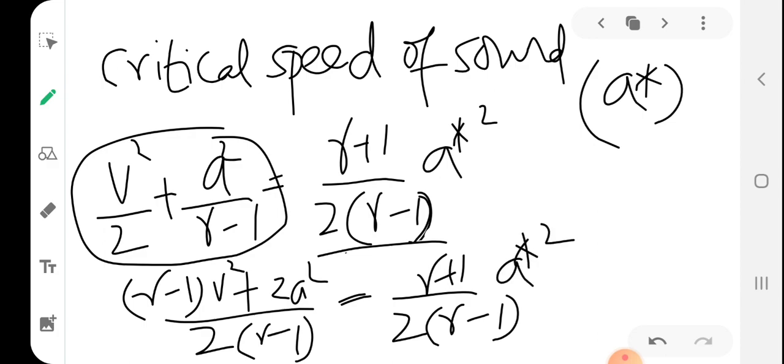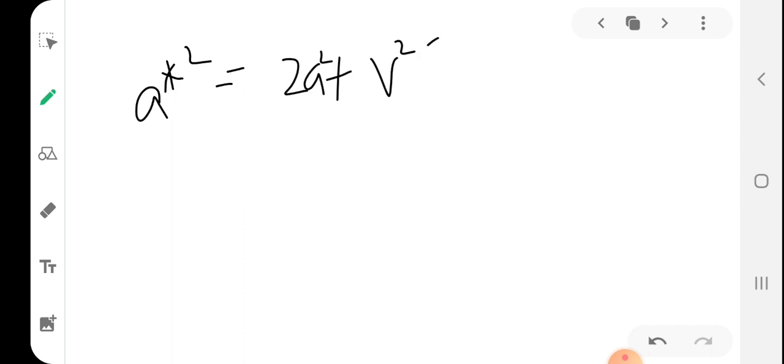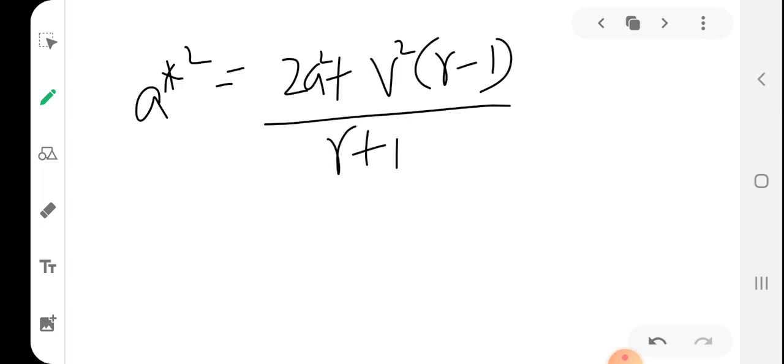The 2 gamma minus 1 and 2 gamma minus 1 cancel. Then taking gamma plus 1 to the LHS, we get a star square equal to 2a square plus V square gamma minus 1 by gamma plus 1. Keep this as equation 2.